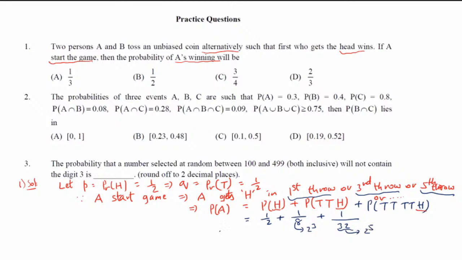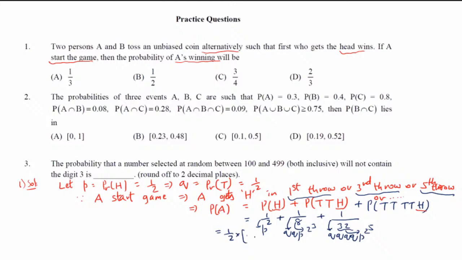In all these, 1 by 2 is common. This is nothing but p, q, like that. So this is small p, and this is q small p, and this is q. Failure case means tail, q. P means success case, getting head. So 1 by 2 is common.